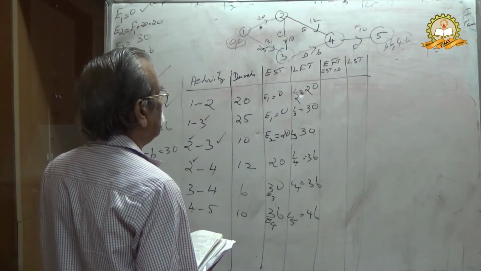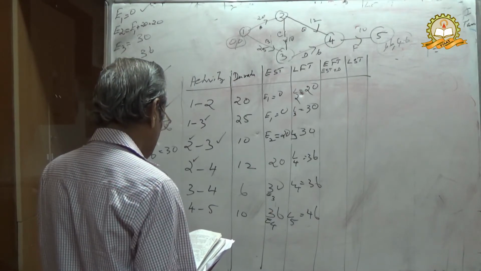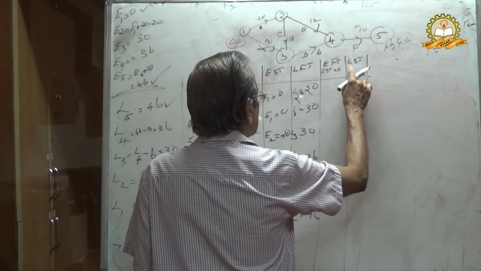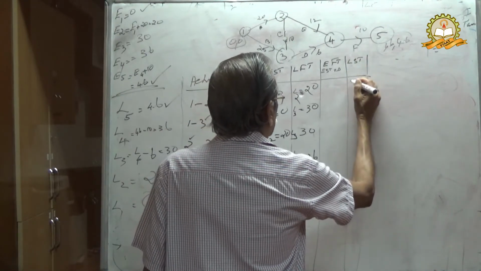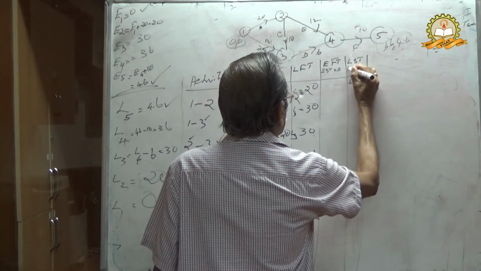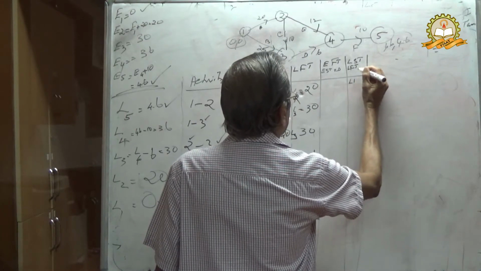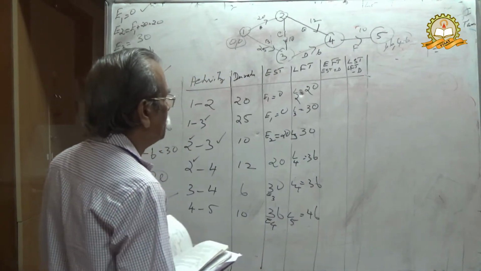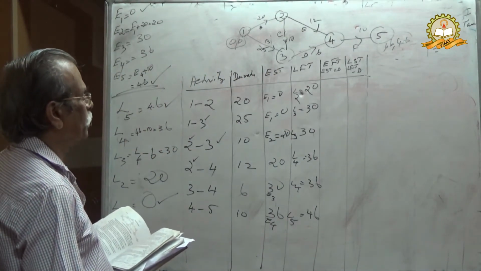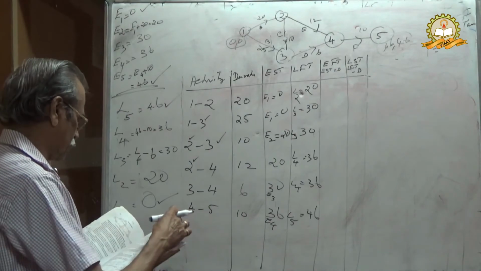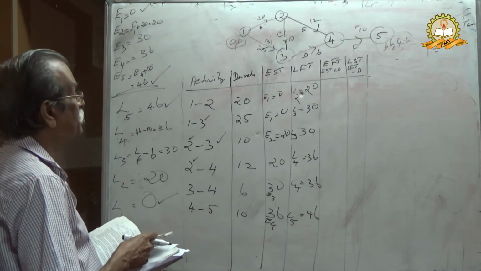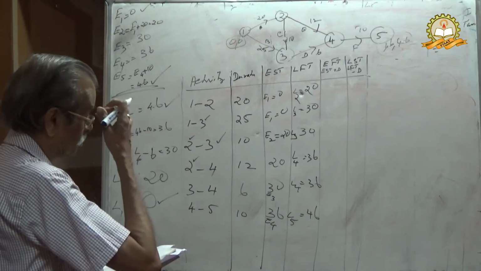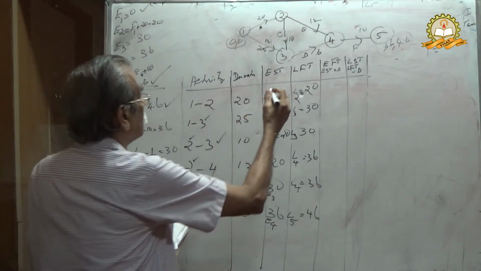EFT equal to EST plus duration. LST means latest start time, that will be LFT minus duration. Then you consider these two.